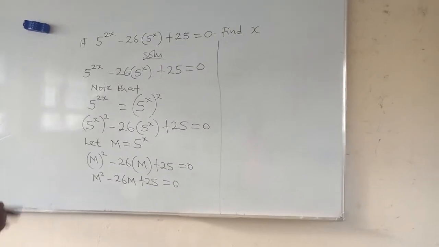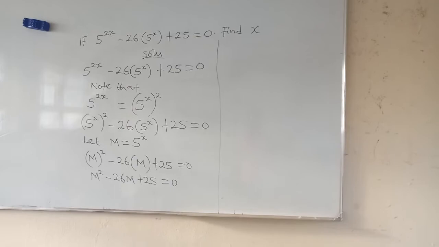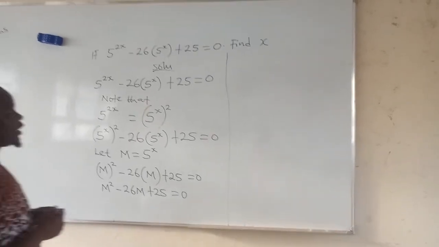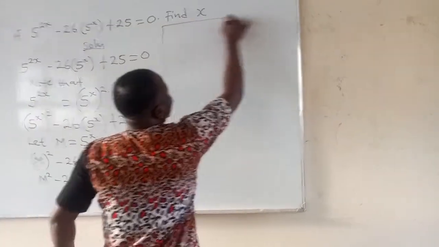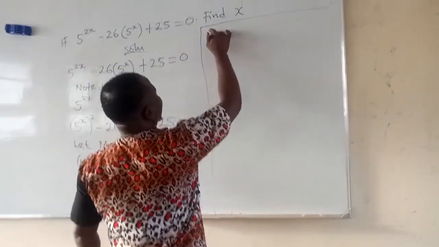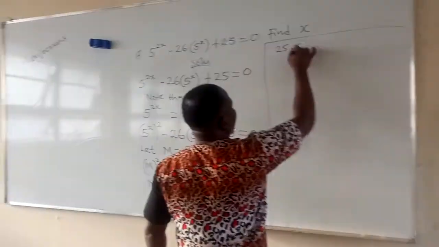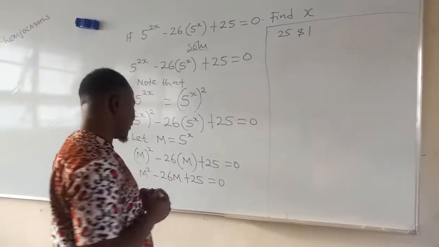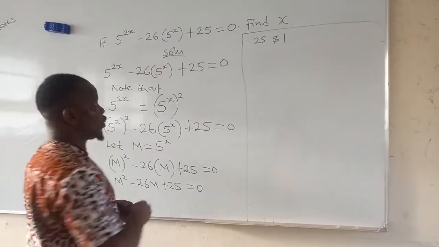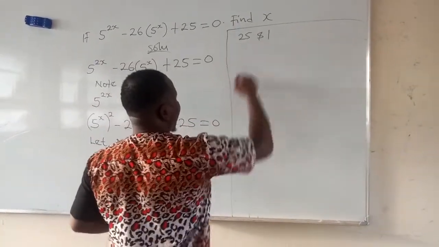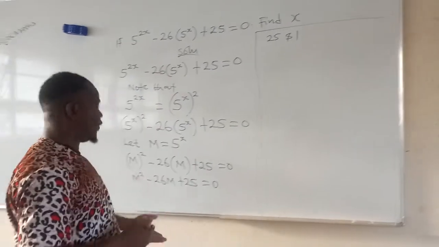We know that the two values are 25 and 1, because if you use 25 to multiply by 1, it will give you 25.